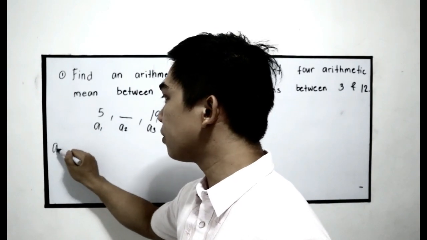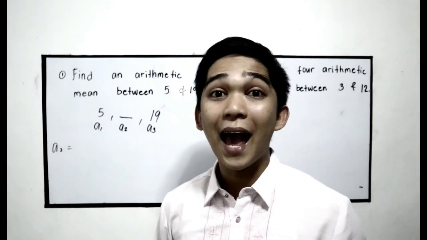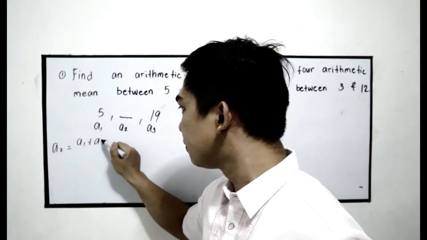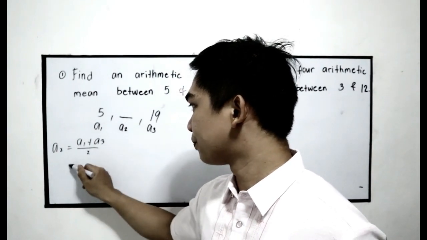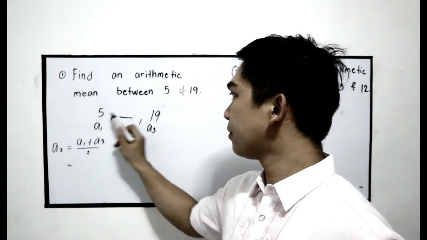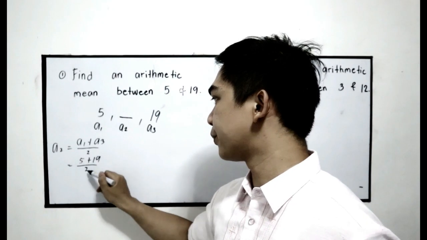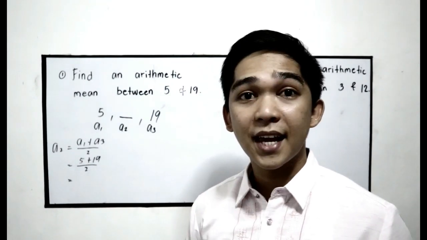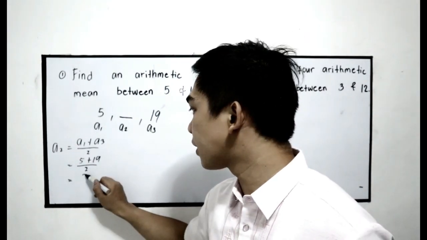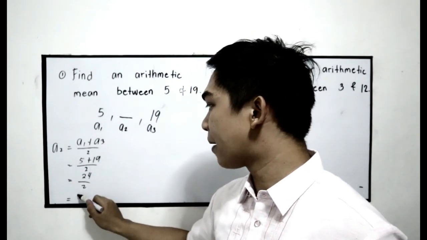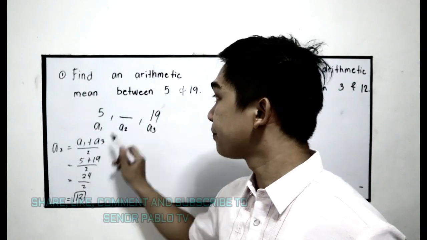To find A2, we can simply add A1 plus A3 divided by 2. 5 plus 19, that is 24, over 2, and this will become 12.